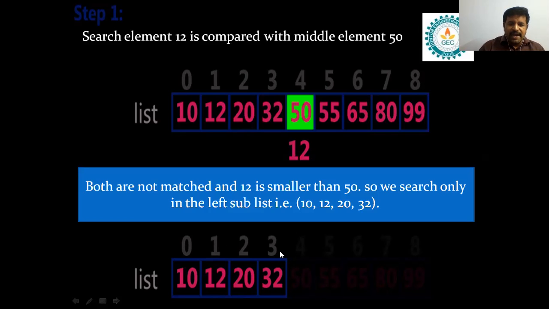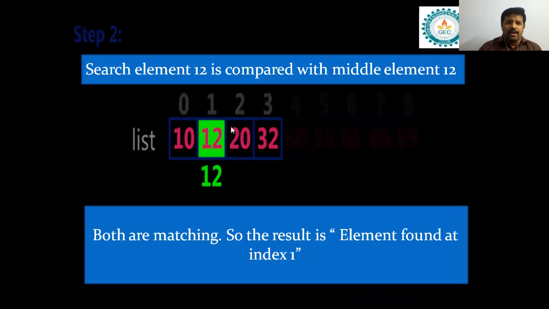How can we find out the middle element? Starting index plus ending index, lowest index and highest index values by 2. 0 plus 3 by 2, that is 1.5. Right? We can round off and consider it as 1 or 2. We can consider any one. Just we can consider it as 1. Now the search element 12 is compared with the middle element.